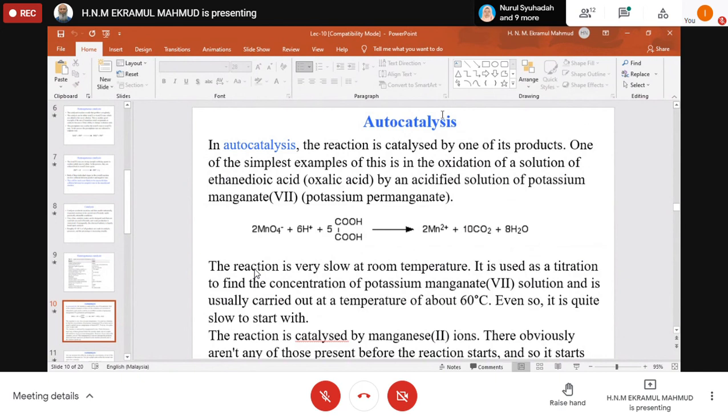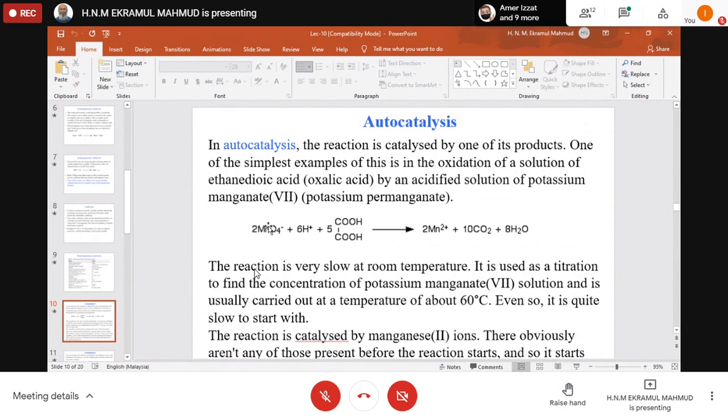But when it is autocatalysis, this term gives the impression that the catalyst is automatically generated.